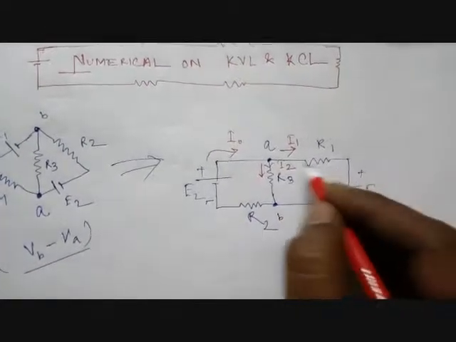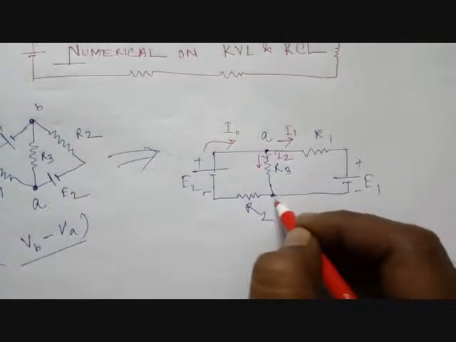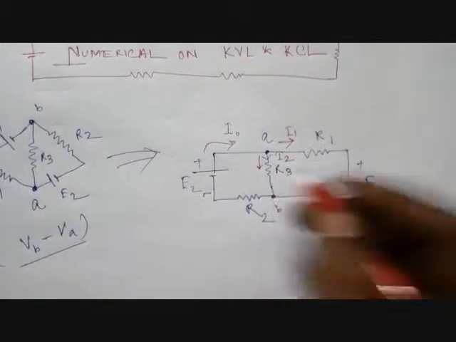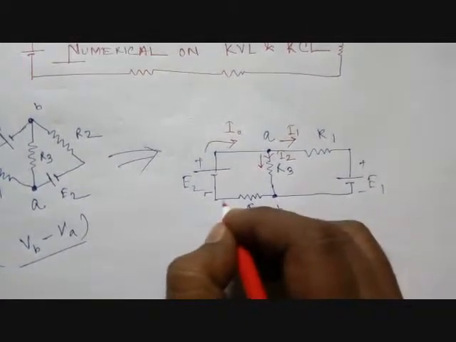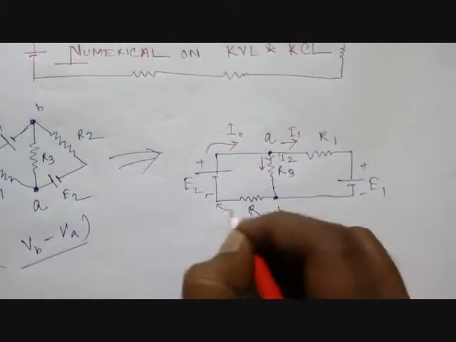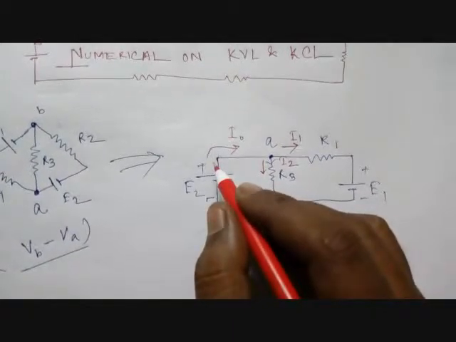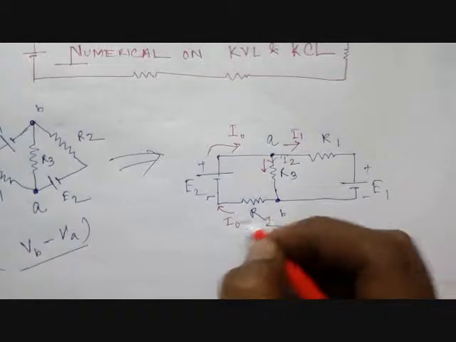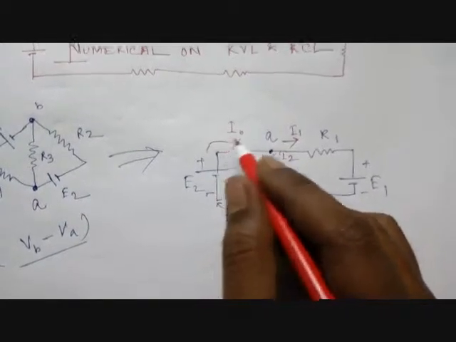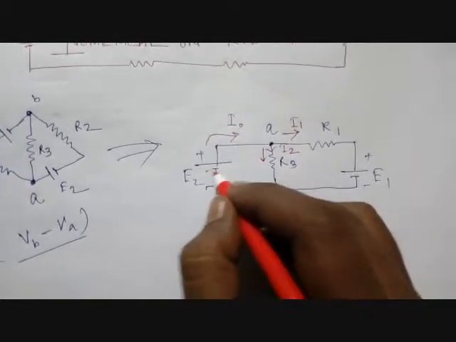I1 will come through that way and finally be added at junction B, and from B to the negative terminal of E2 we get the current I0 again. So I0 is leaving the positive terminal and I0 is entering the negative terminal.